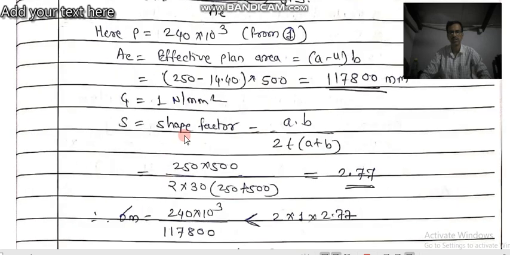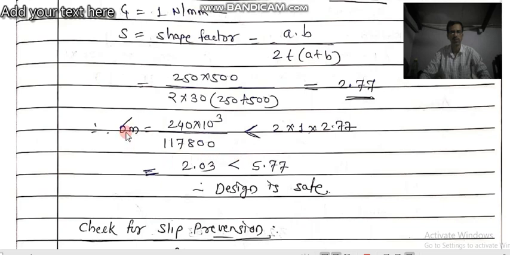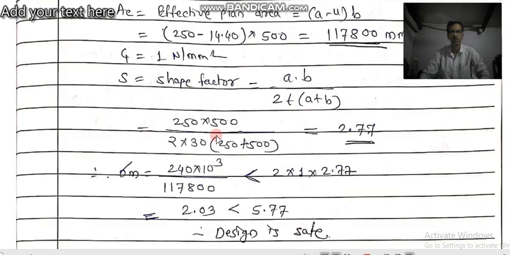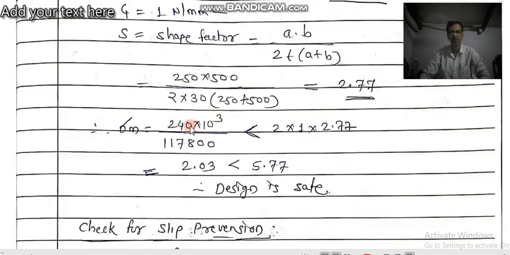G is 1, and S is the shape factor, given by AB divided by 2T into A plus B. Substituting the values, you will get S as 2.77. So sigma m is P by AE, 240 into 10 raised to 3 divided by 117,800, and it must be less than 2 times GS, where G is 1 and S is 2.77. As 2.03 is less than 5.77, the design is safe.